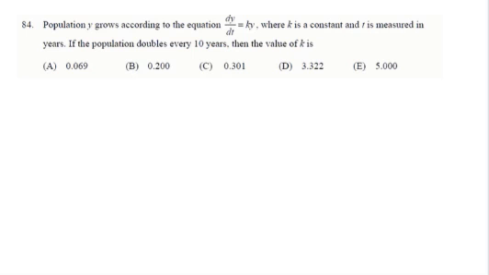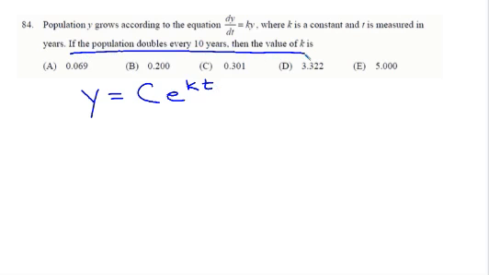Now, the next problem. Population y grows according to the equation. Now they've told us that equation that we're familiar with, and we know that we're going to use y equals c e to the kt. I'll just use t instead of x since they did. k is a constant, and t is measured in years. If the population doubles every 10 years, then the value of k is?